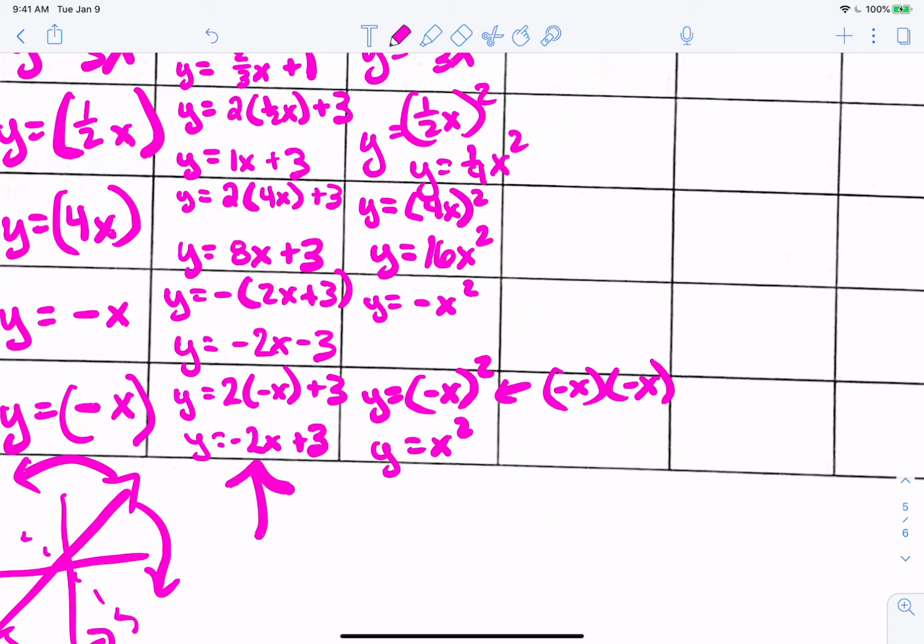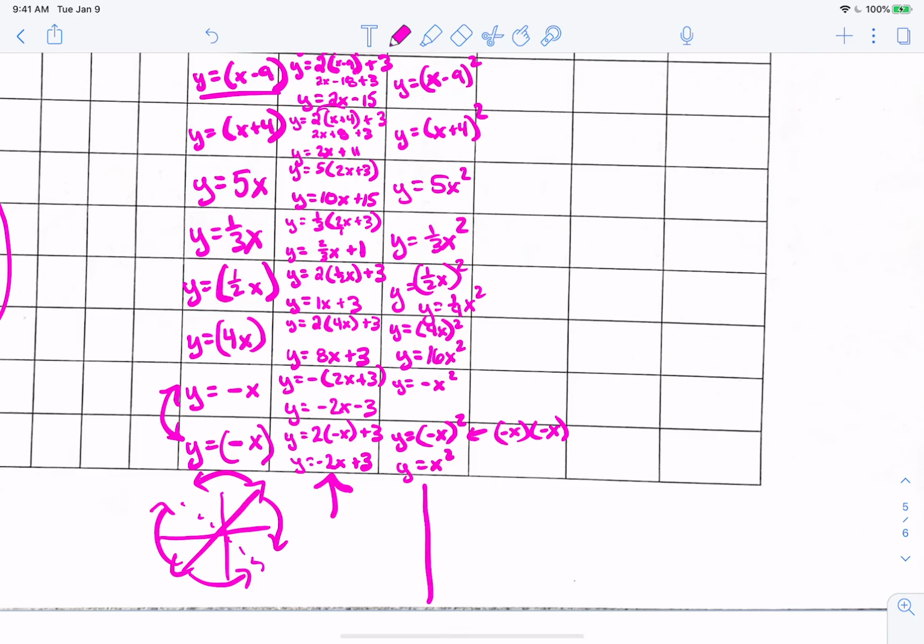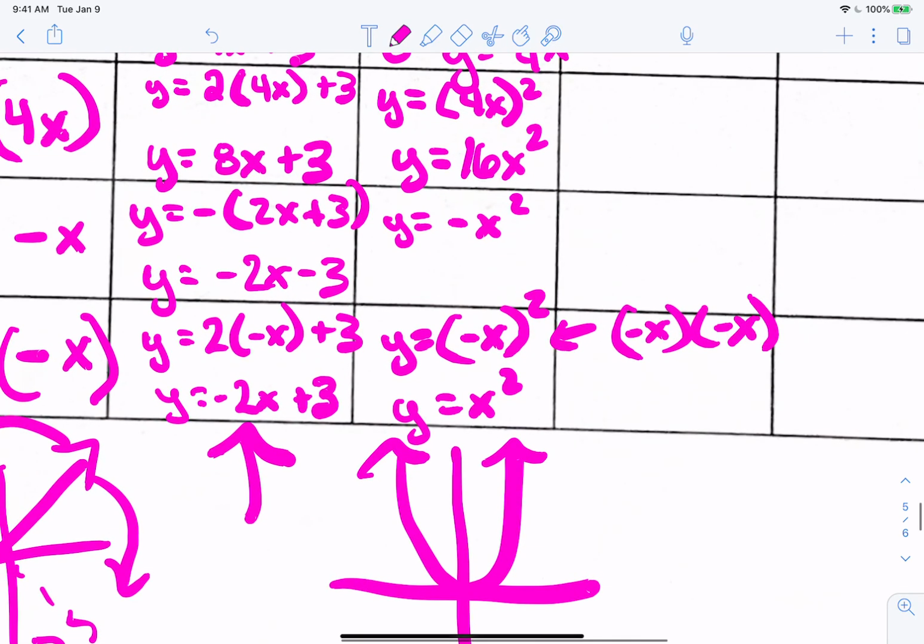So wait a second. If I take an x squared function, which is a parabola, and I reflect it over the y-axis, it becomes the same thing. Yeah, if I reflect it over the y-axis, this part goes there and this part goes there, right? He's going to look exactly the same. If you take the u and you flip it, it's going to look exactly the same. That's why he becomes the same function again.